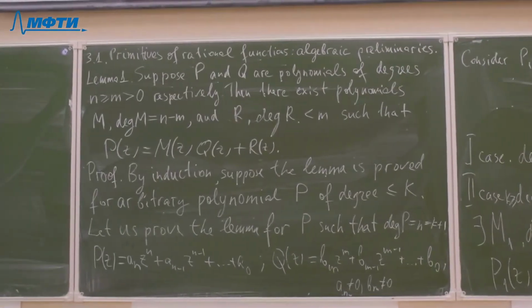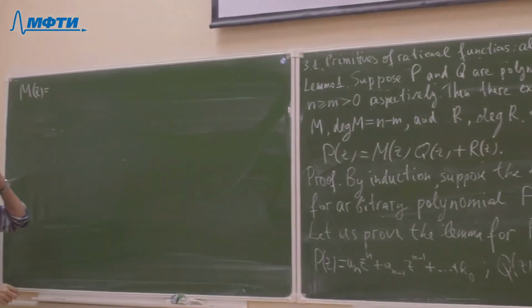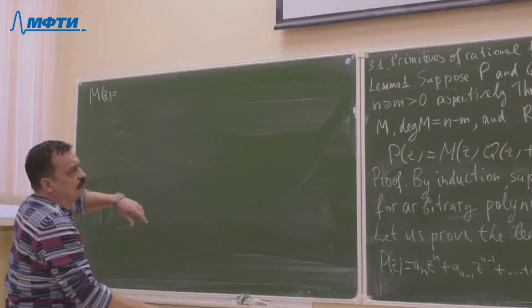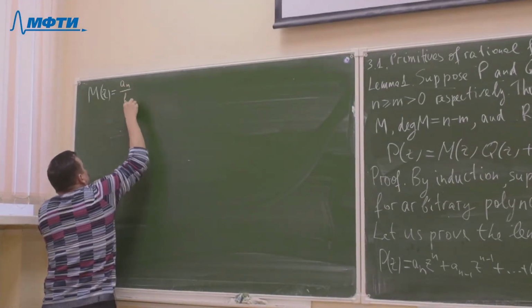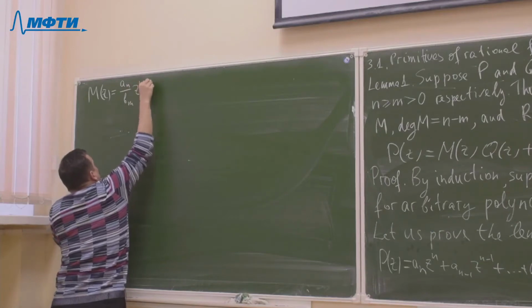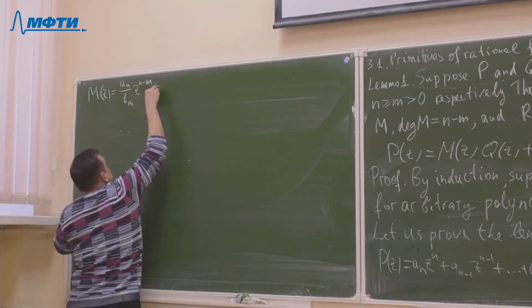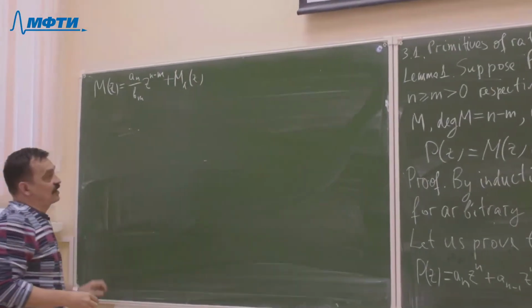We have capital M of z equals, let me collect all those terms, and we obtain a_n over b_m z to the power n minus m plus M1 of z. That is capital M of z.